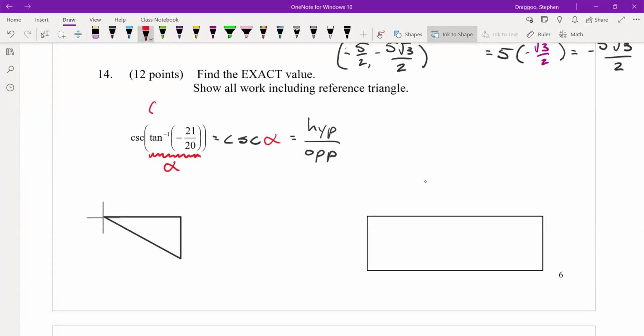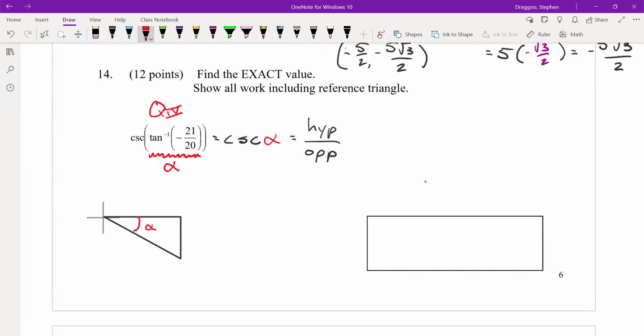Tangent inverse of a negative is going to be in quadrant 4. So this angle right here, measured backwards from standard position, must be our alpha.